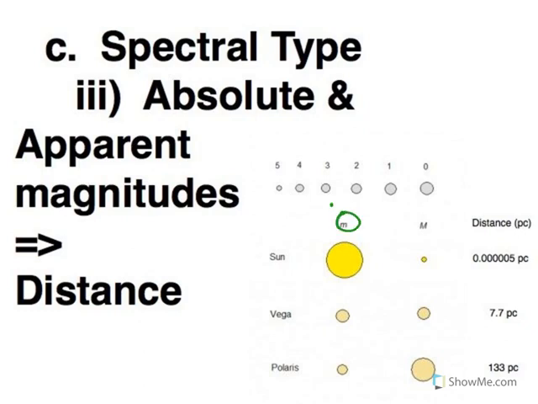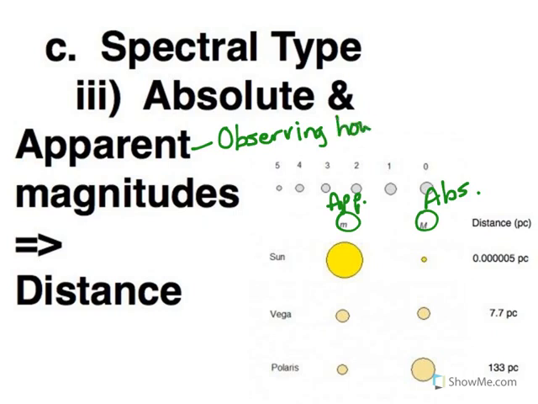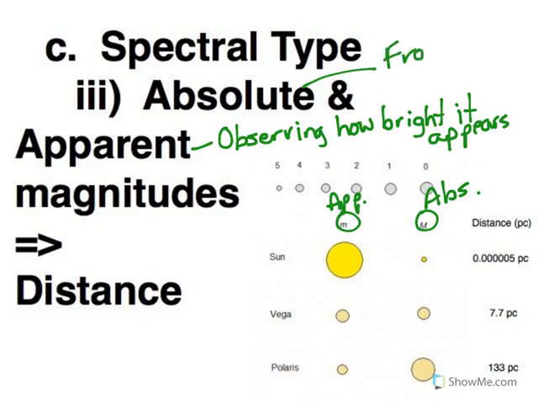So again, we've got apparent, we've got absolute. Apparent we get by observing how bright it appears. And now absolute we're getting from the spectral type.